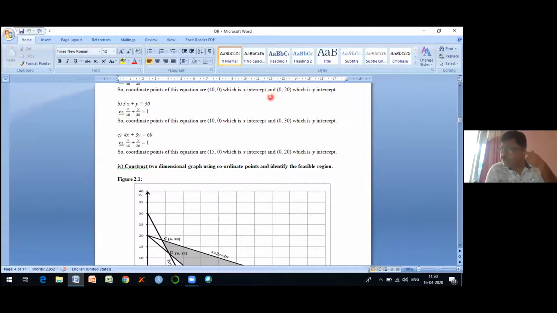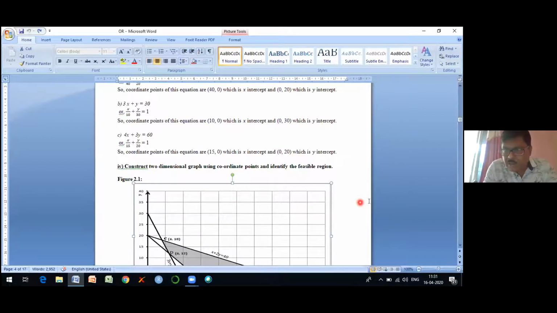For the first straight line, we require these 2 points. Second line, we require these 2 points. And third straight line, we require these other 2 points. Now we can construct a 2-dimensional graph using coordinate points and identify the feasible region.